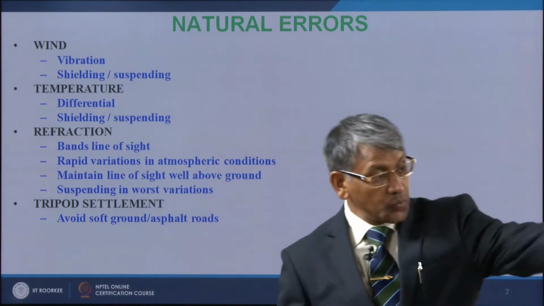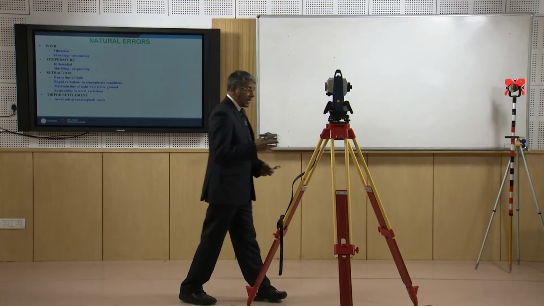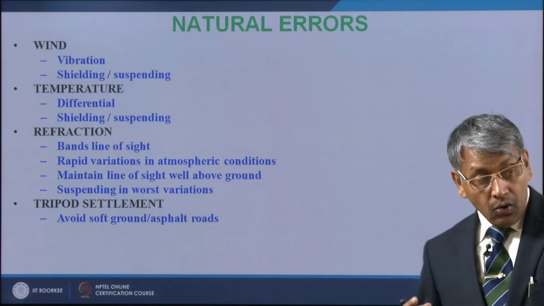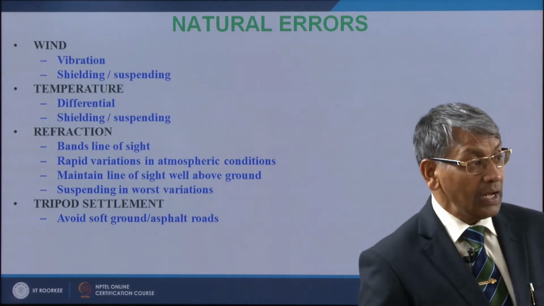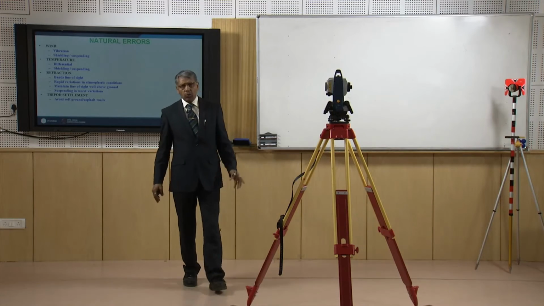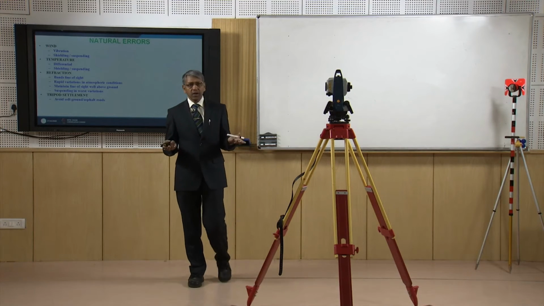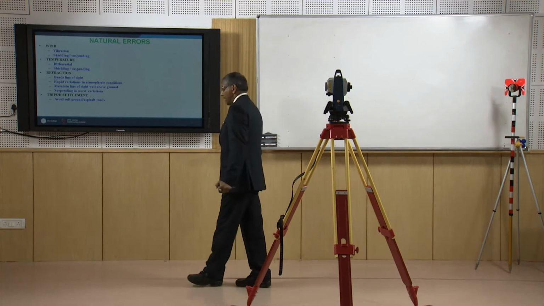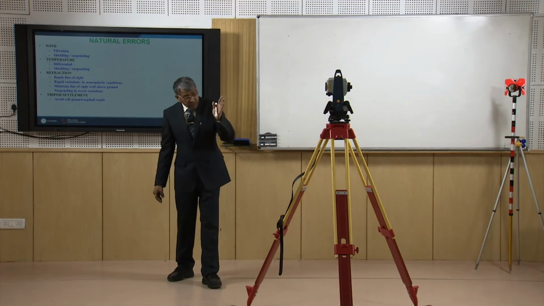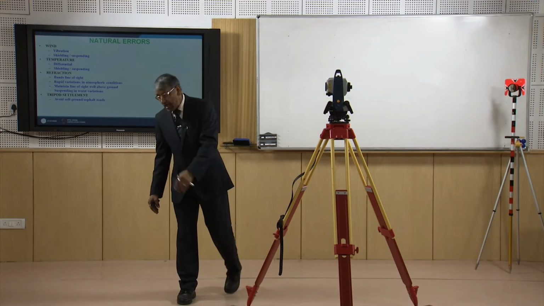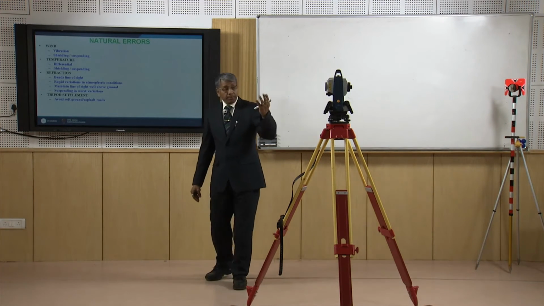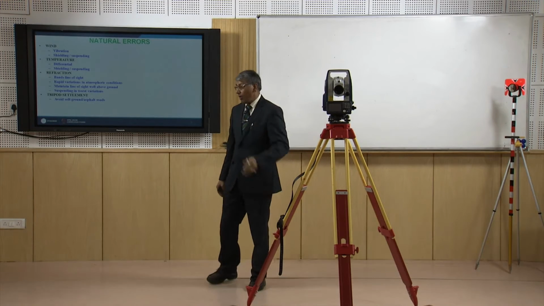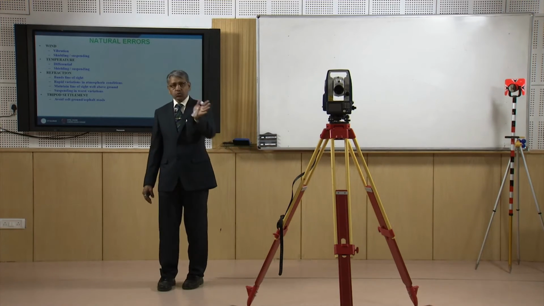Apart from this instrumentation part, there is another type of error called natural error, because we go for observation in the field. We have to expose our instrument to the sun and the wind, the instrument has to be set up on the earth, and in the observation we use electromagnetic waves or light, which pass through the atmosphere.